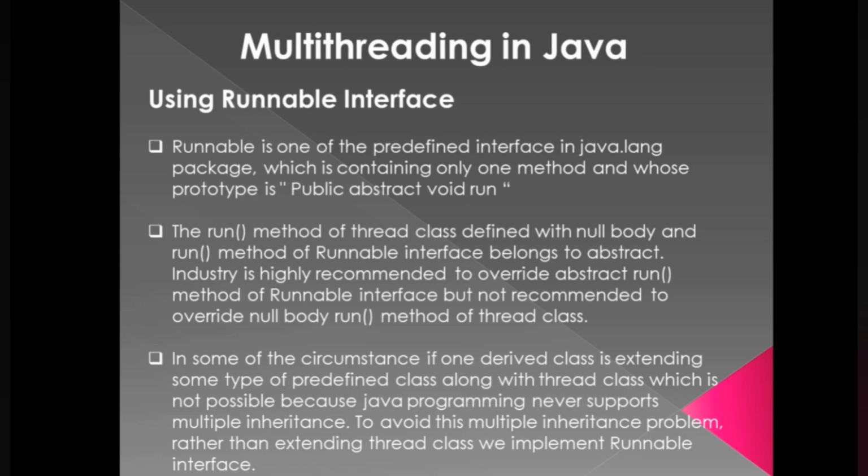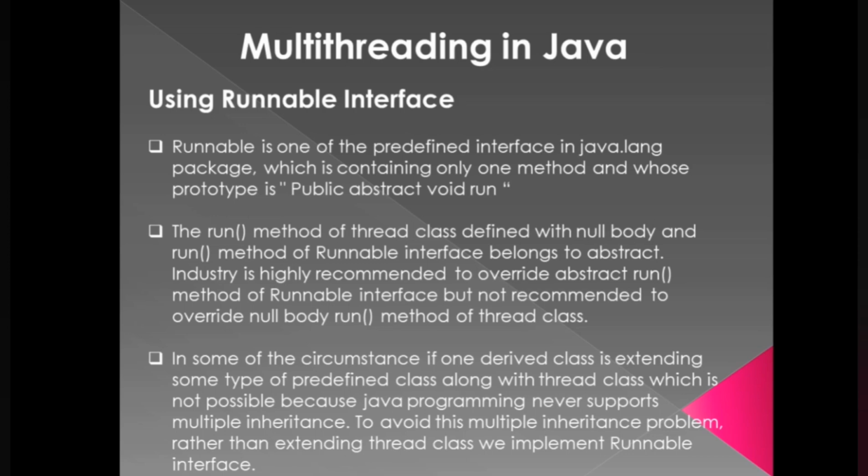The run method of the Thread class is defined with a null body, and the run method of a Runnable interface belongs to abstract methods. Industry highly recommends overriding the abstract run method of the Runnable interface, but not overriding the null body run method of the Thread class.